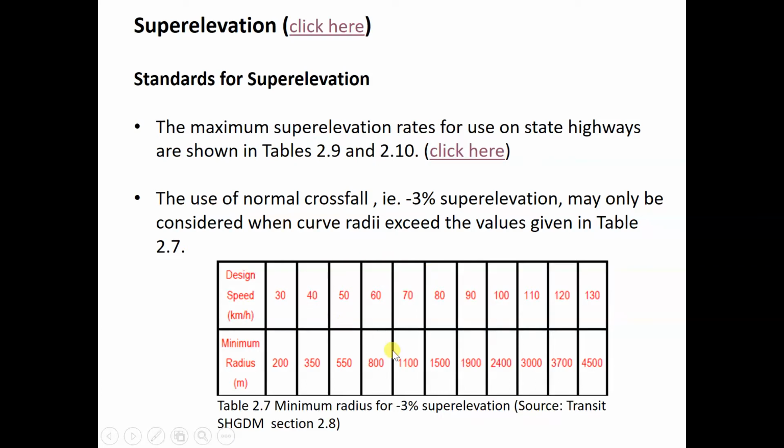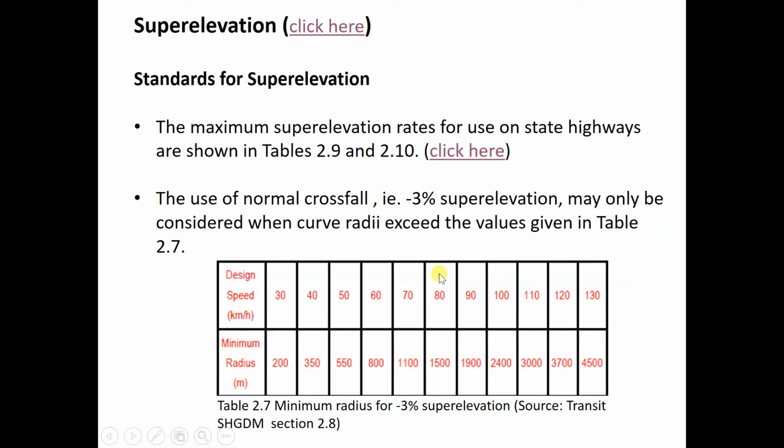Normally the crossfall could be 2.5%, which is 1 to 40, one vertical, 40 horizontal. 3% is about 1 in 33.33. So that's the normal crossfall.